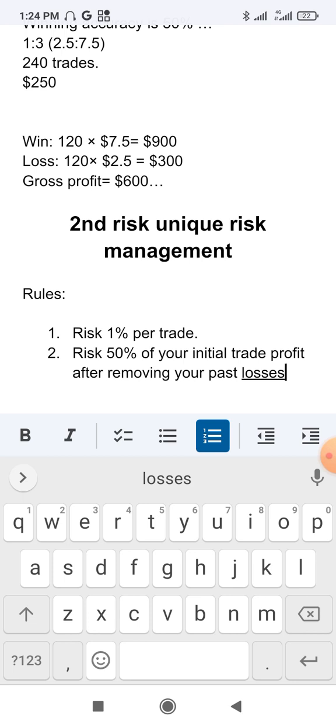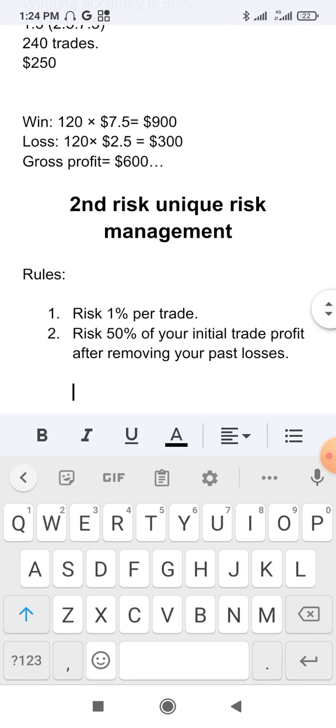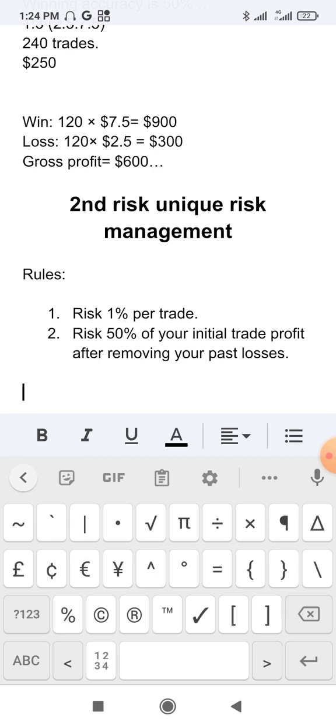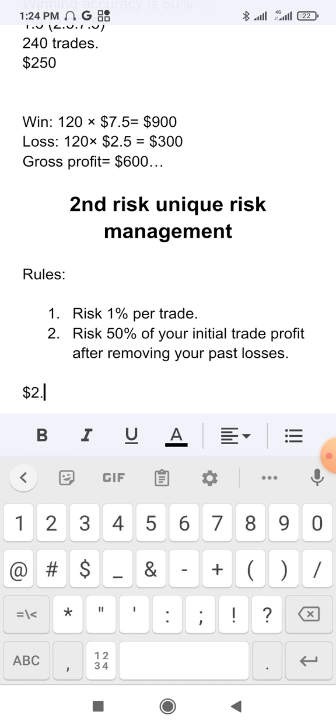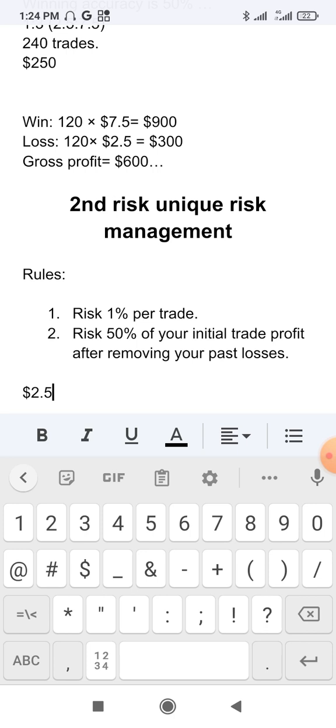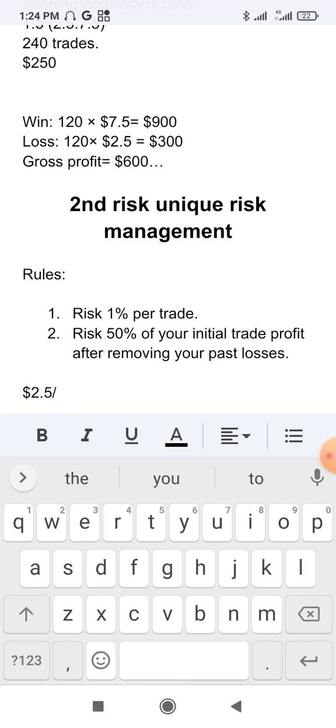If you take a trade, by default you are risking 1%. So you are risking $2.5 of your $250 account, right?